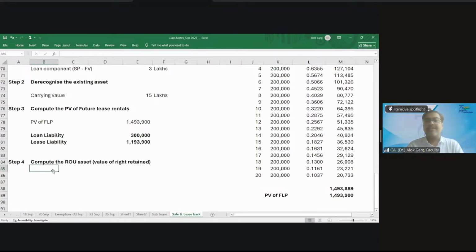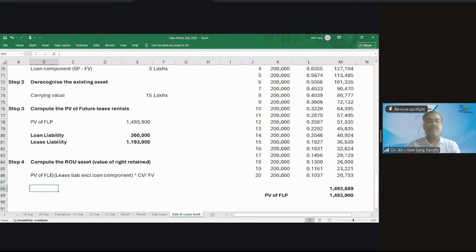So compute the right of use asset, value of right retained. And what is the value of this right retained? Present value of future lease payment, which is nothing but the lease liability, liability excluding loan component, multiplied by carrying value, divided by fair value.